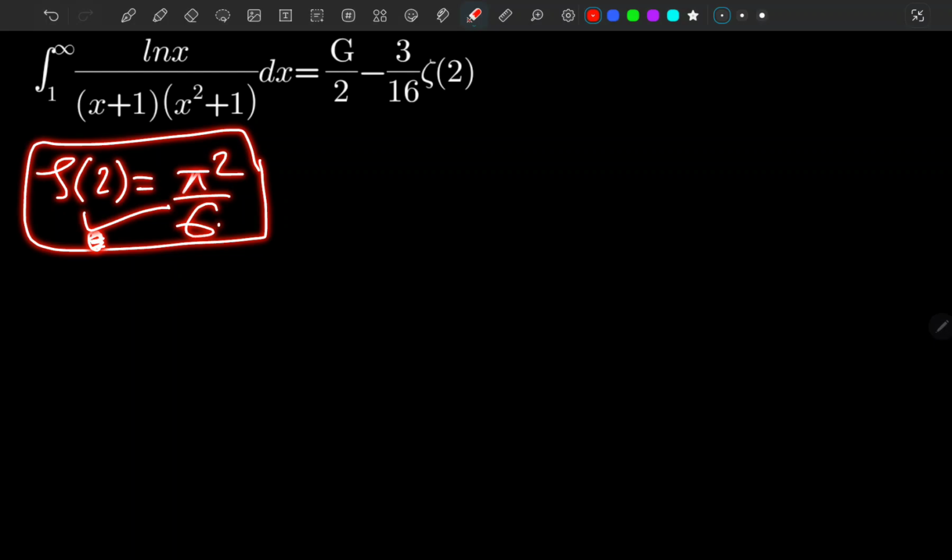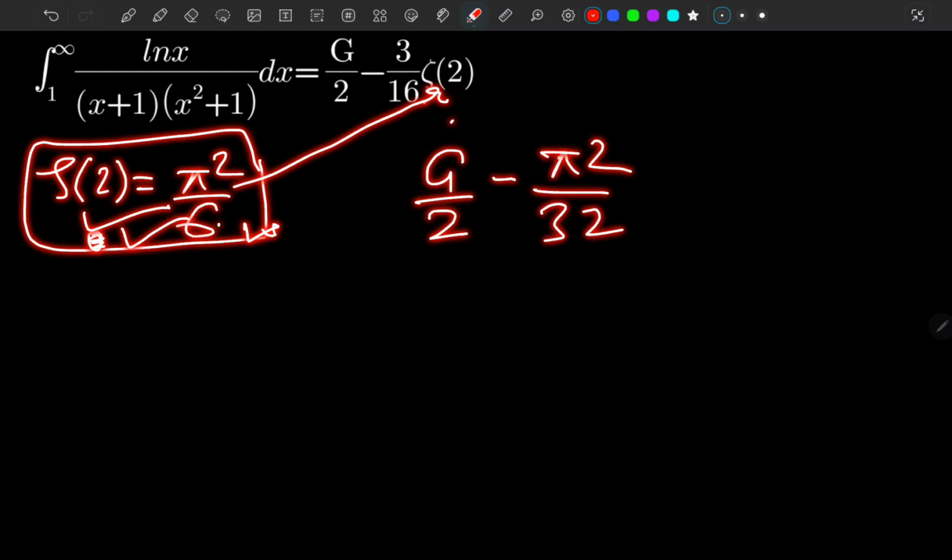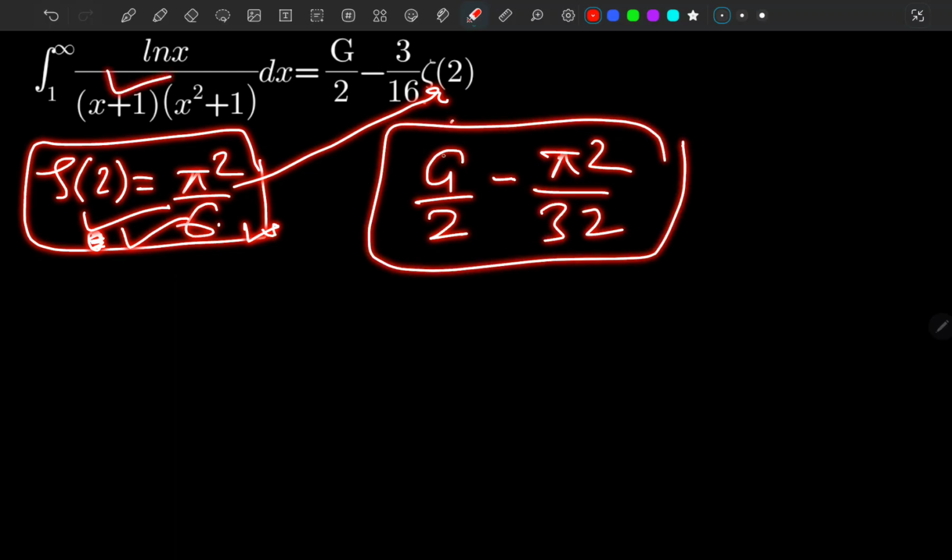When you plug in pi squared over 6, this evaluates to G over 2 minus pi squared over 32.